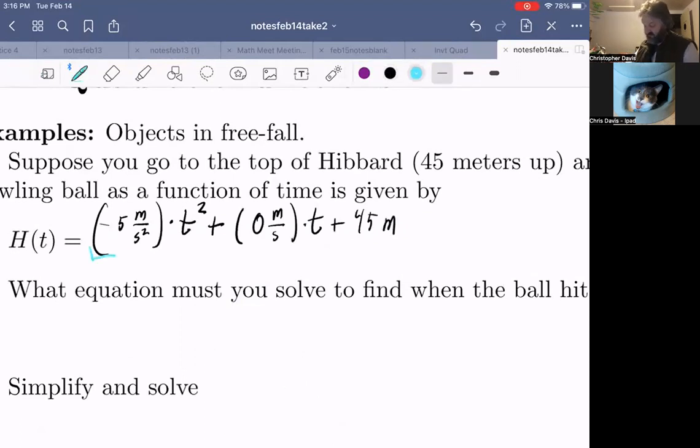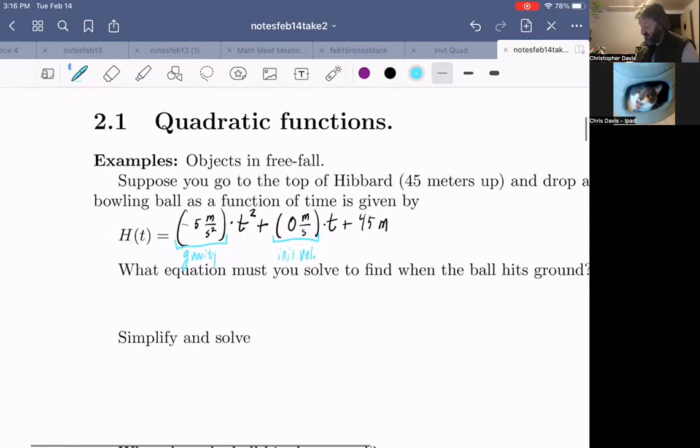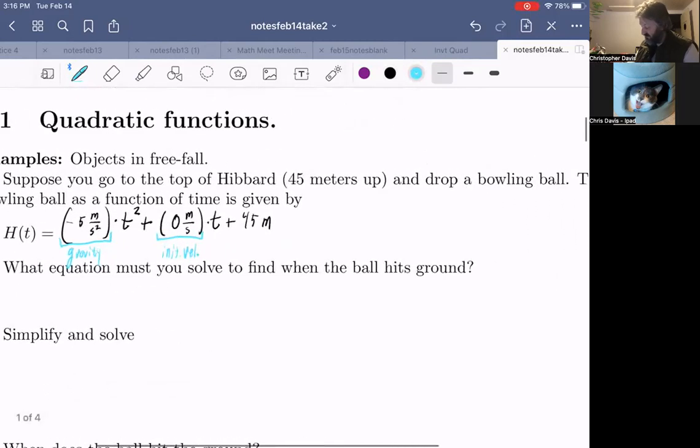This term comes from gravity. This term comes from the initial velocity, and it is 0 because you drop the ball as opposed to throwing it. And this is just the initial height.